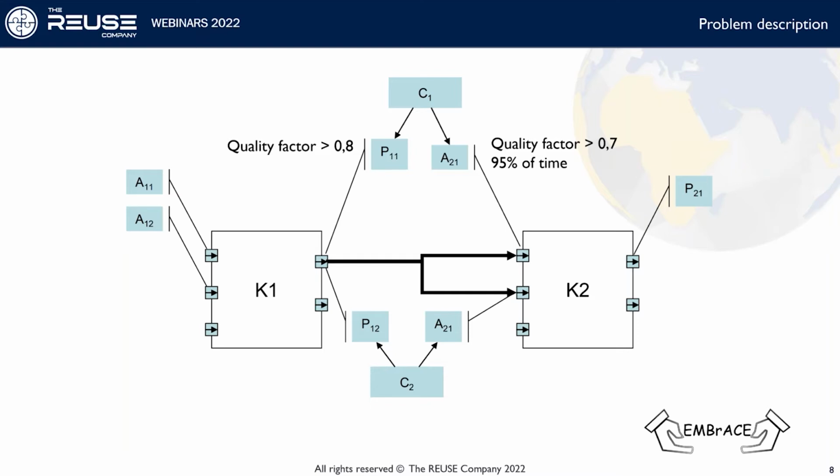In the simple view, we don't have a problem here. All is okay. But we focus here on the interface: in 95% of the time, what does that mean? What happens in the remaining 5% of the time? What happens if we receive less than 0.7? So this is what we try to capture, fulfill and resolve.